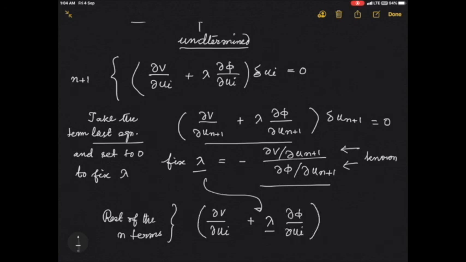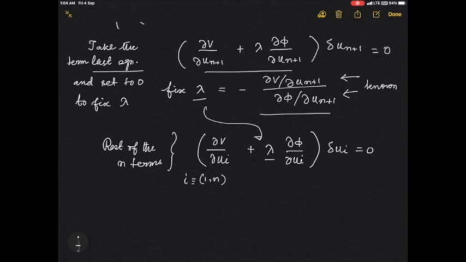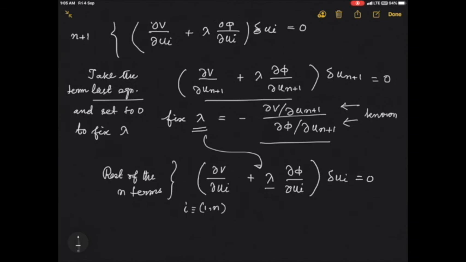Now ui goes from 1 to n, not n plus 1 anymore. The n plus 1th term we have already set to 0, right? Now, first of all, let me tell you, if k is not equal to 1, I will need k lambdas to be fixed, and once I have fixed k lambdas, I can put them back here and then this will still work out.